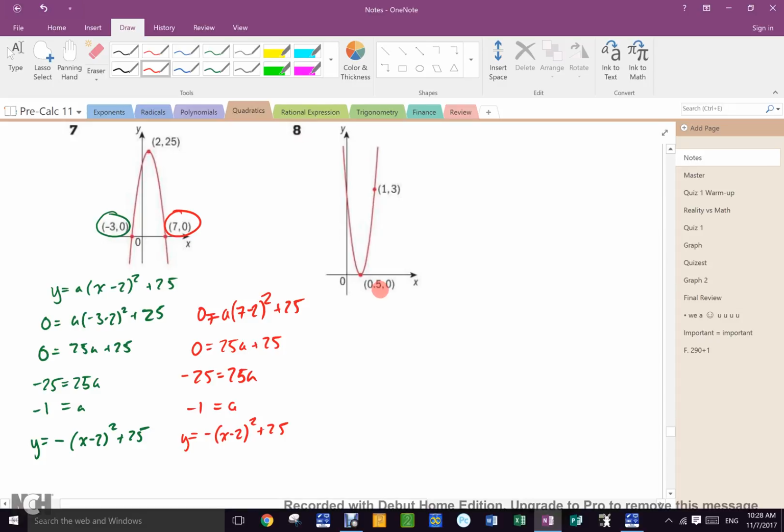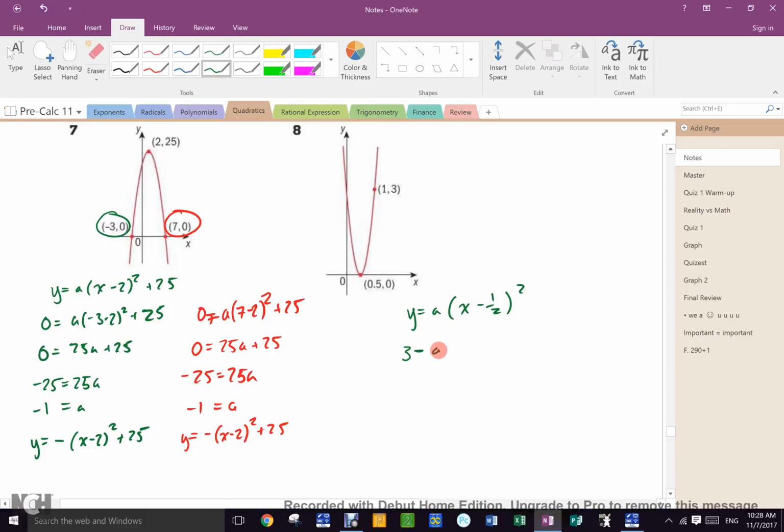So would I do anything different here? Or would I just go y equals a(x minus 1/2) squared plus 0? Right? Do I need to write plus 0? No, it's just that.